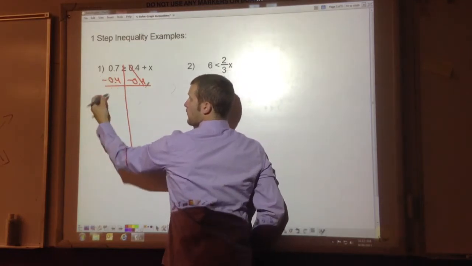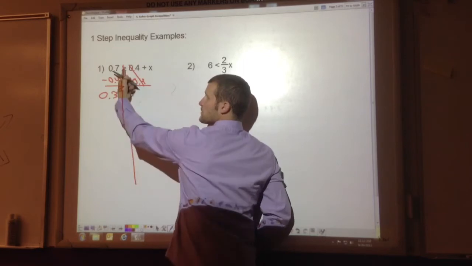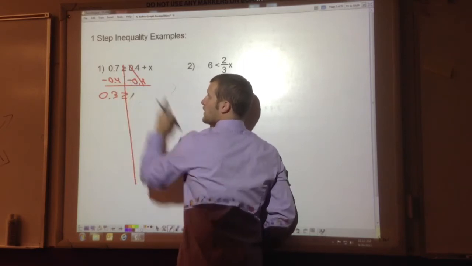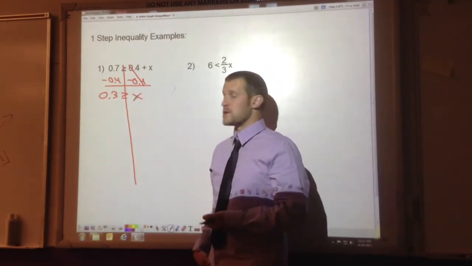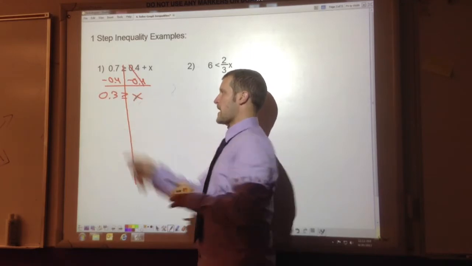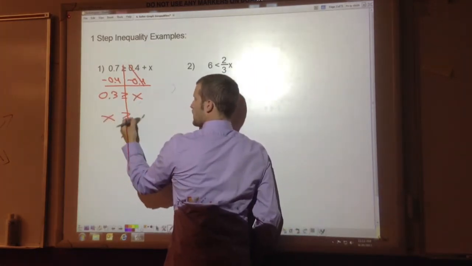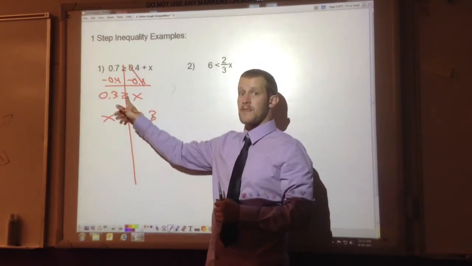0.7 minus 0.4 is 0.3. Greater than or equal to comes directly down, the same as equals would. X goes right here. Oftentimes with an equation, if you're getting 0.3 equals x, you just flip things around and say x equals 0.3. Notice that these are now saying different things here.